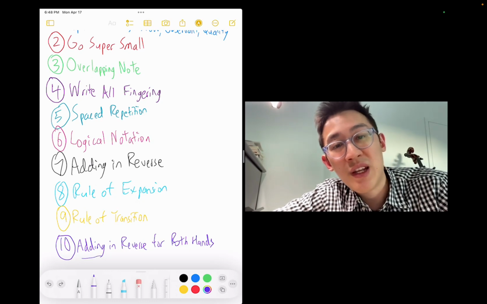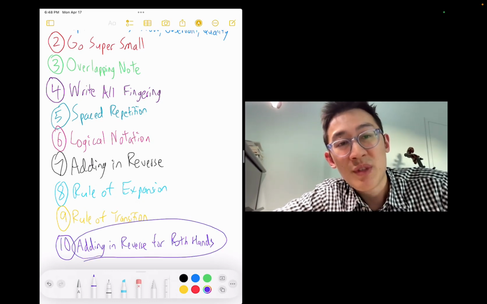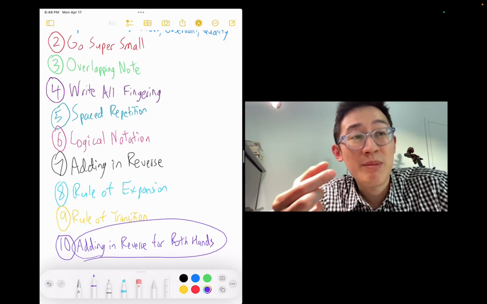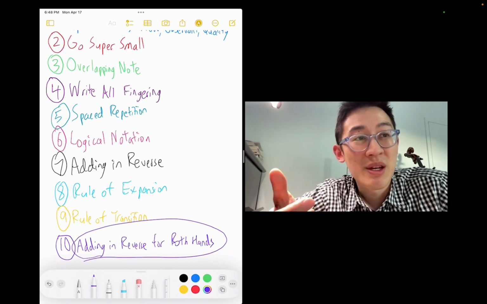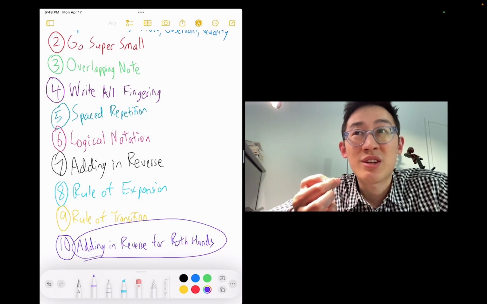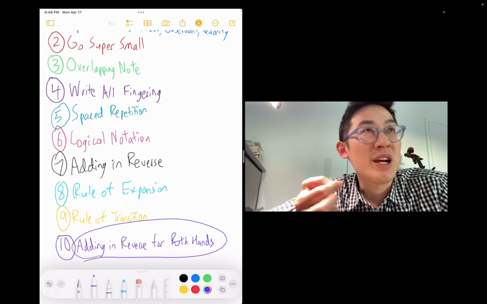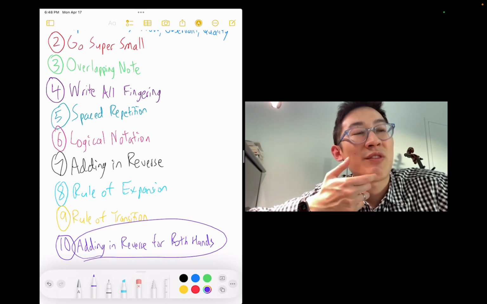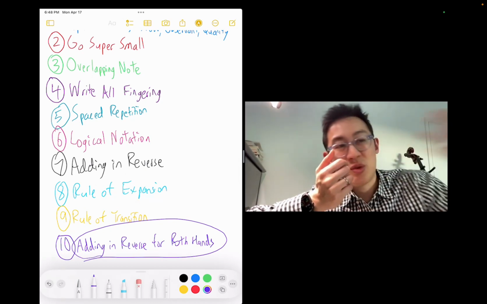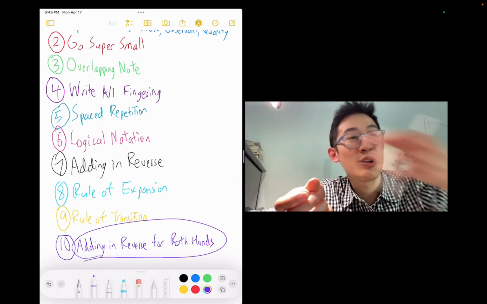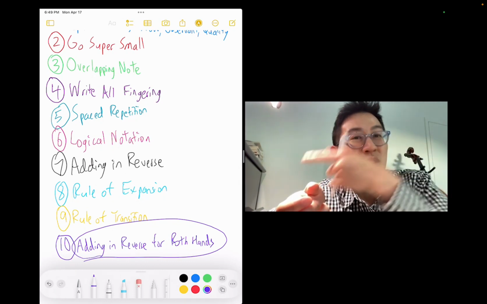Now, the idea of adding in reverse for both hands is pretty simple. It's the idea that we're adding in reverse, but we do separate and then both for each step. The way that we solve things is distinct from, if we do quarter measure sets through a given area, and the next time through we do half measure sets, the next time through we do one measure sets, the next time through we do two measure sets, right?